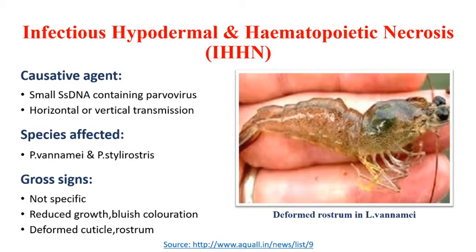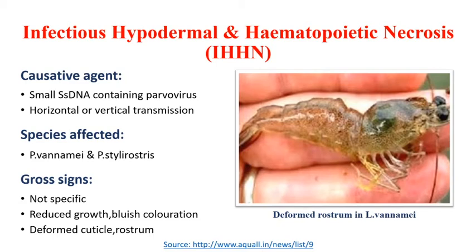IHHN is caused by a small single-stranded parvovirus ranging from 20 to 22 nanometers. It can transmit both horizontally and vertically. And the species affected are Penaeus vannamei and Penaeus stylirostris.